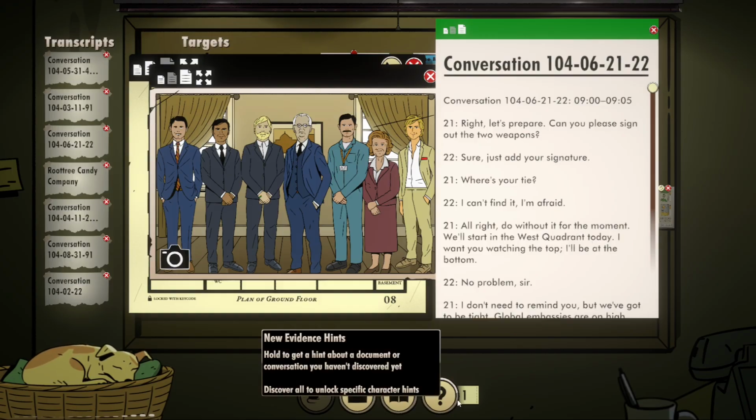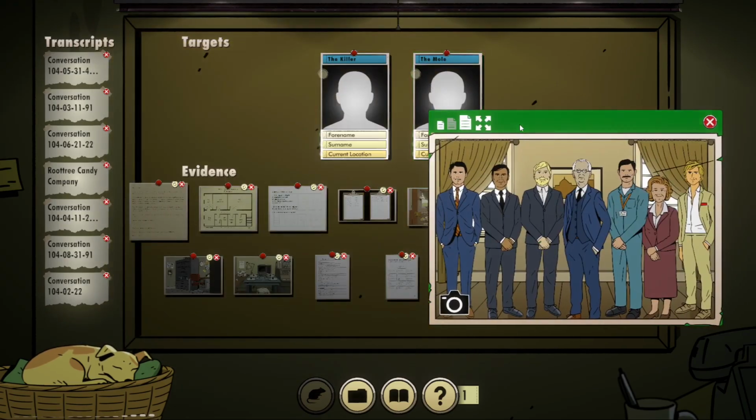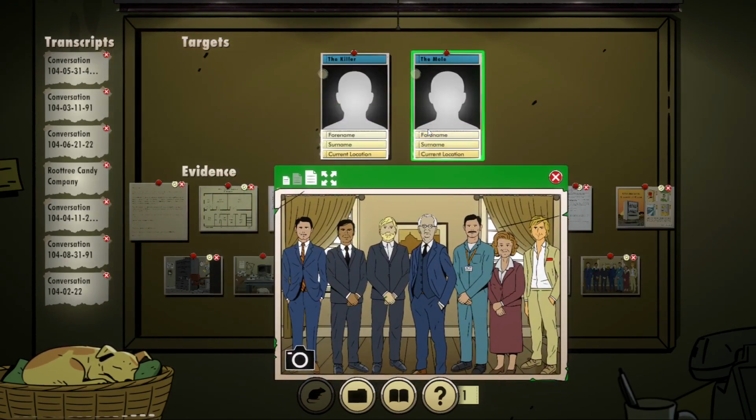I've got one more. So is Yui the mole or the killer? Yui was on patrol. It's gotta be, no, is it? It's gotta be Yui or Wolf, because Wolf is new.